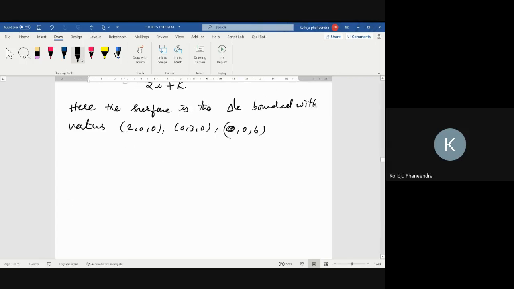See, this is the y-axis, x-axis and z-axis. If I consider a rough figure, not original, this is 2, 0, 0 and this is 0, 3, 0. Then this is a triangle with 3 vertices, so it is nothing but a tetrahedron in 3 dimensions.